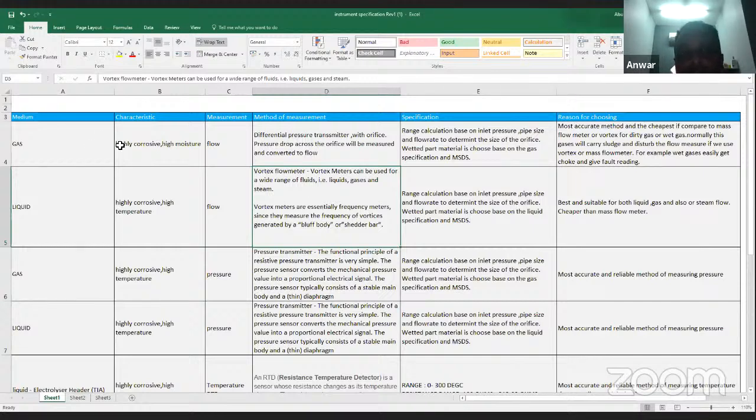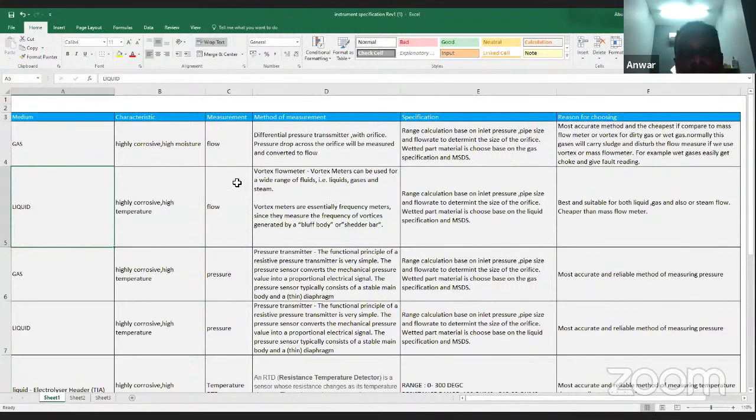The gas here will be the chlorine gas, and the liquid here can be either hydrochloric acid, caustic soda, or sodium hypochlorite. So that's why we choose this type of measurement.